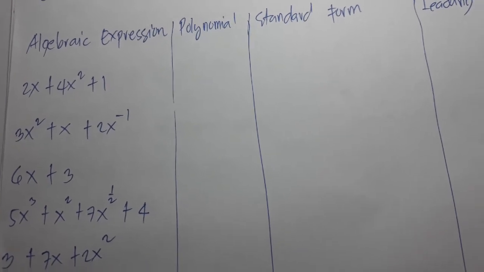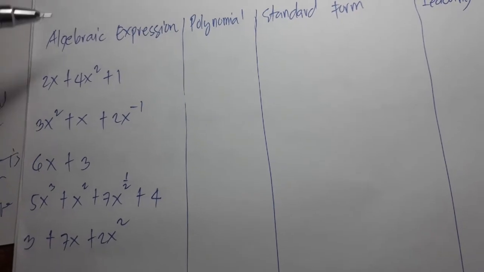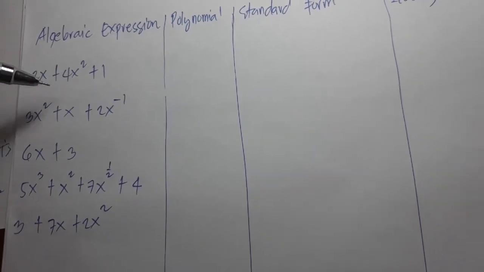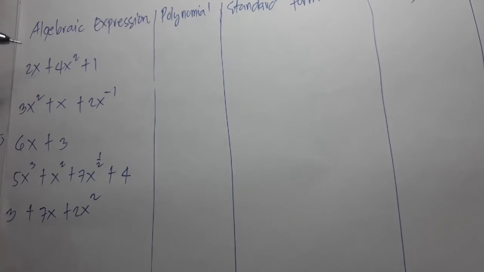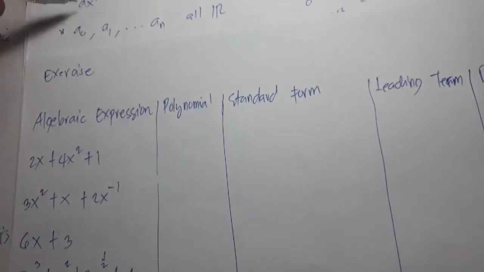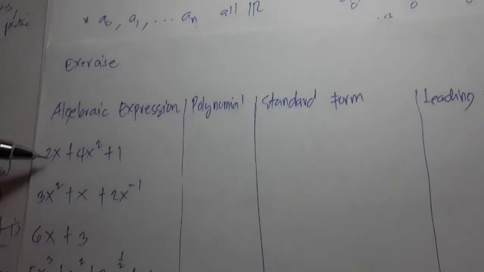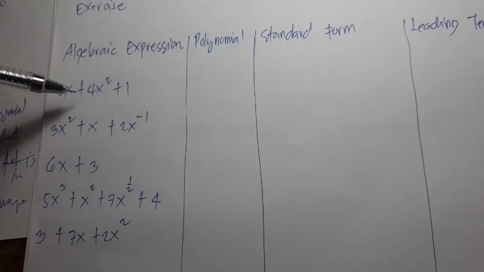For you, is this a polynomial? As you can see, all the terms are of the form a times x to the power of n, using the variable x.